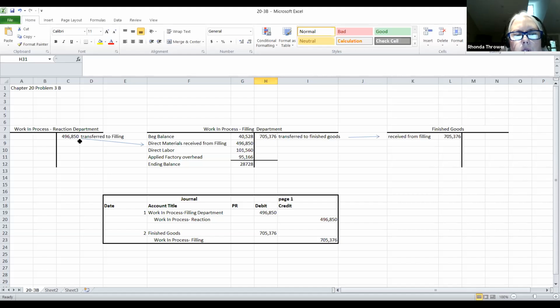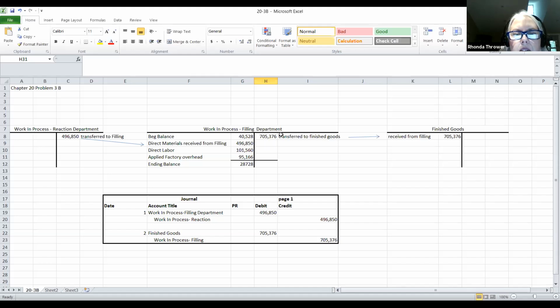They also told us that we received from the reaction department some materials to work with during the month of January. Those materials that we received were $496,850. That was a given amount. They also told us that we incurred some direct labor and we incurred some factory overhead.